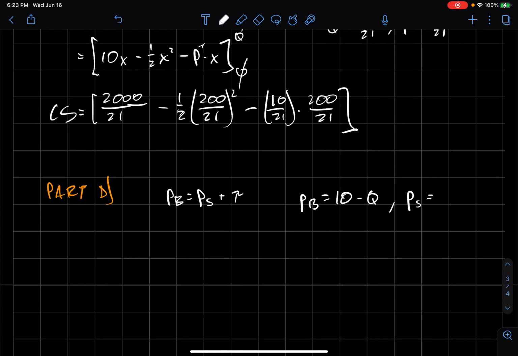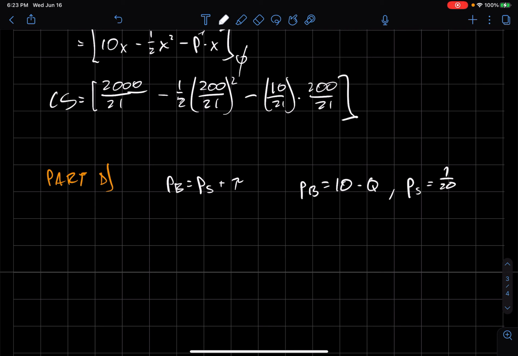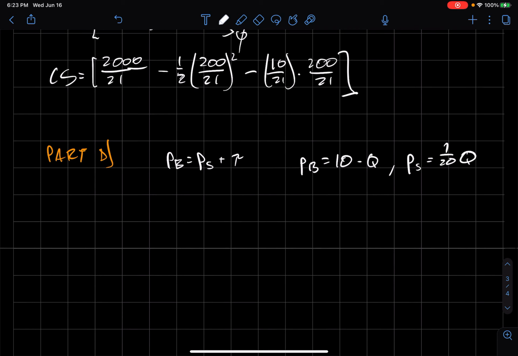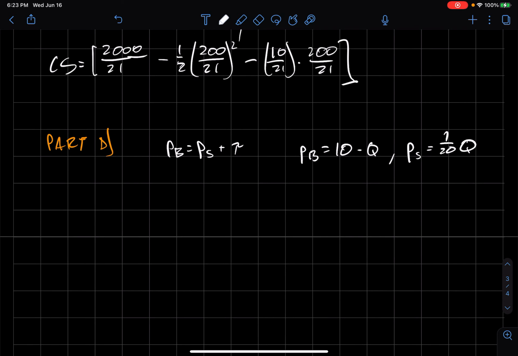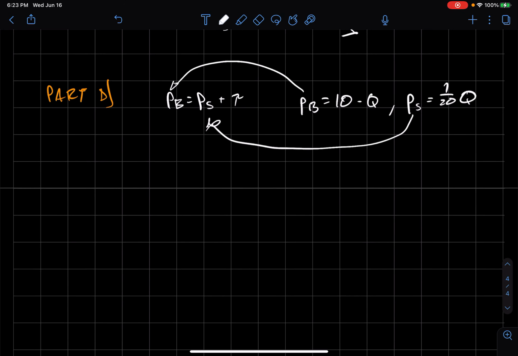So that's 1 over 20 times Q. Okay. So to solve for the equilibrium, all we do is plug PB into PB and PS into PS. And that gives us 10 minus Q is equal to 1 over 20 Q plus tau.